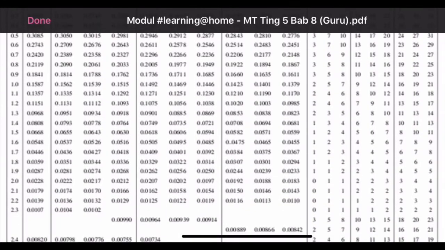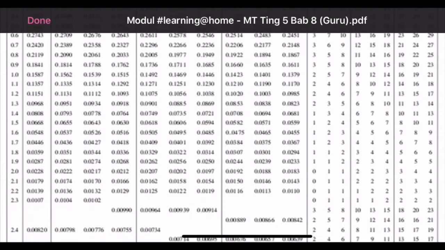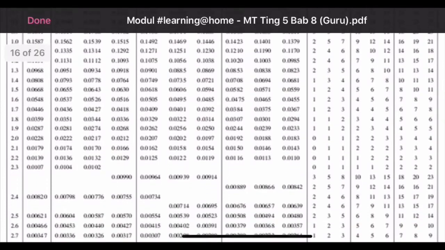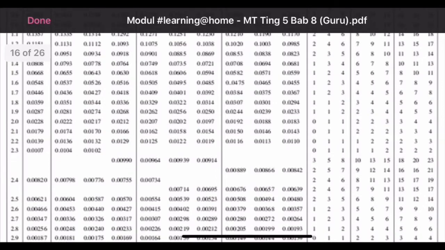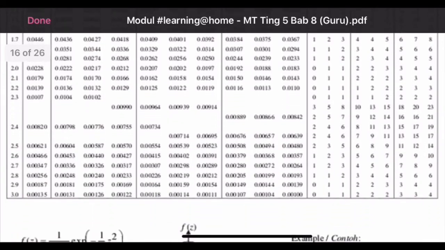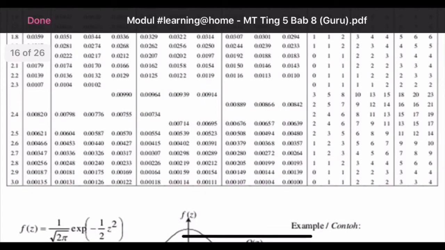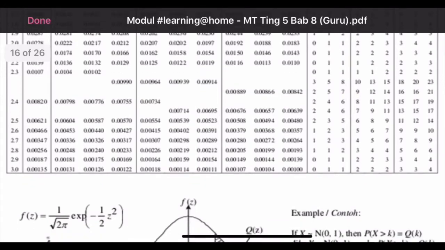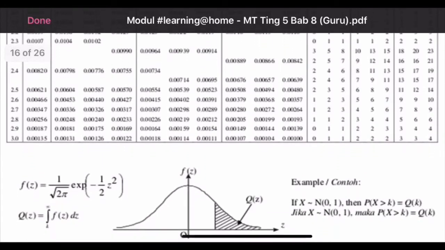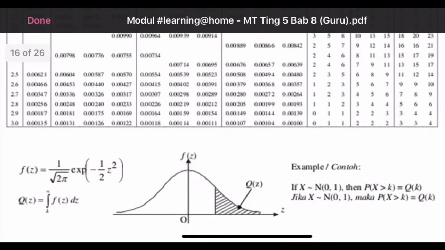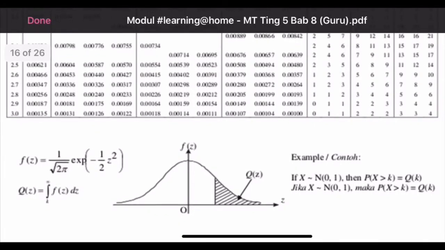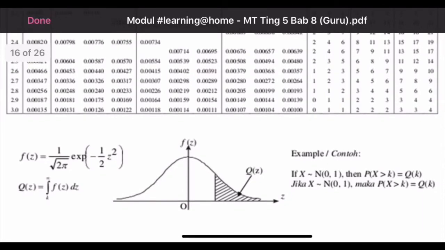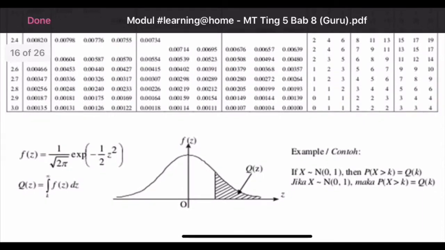Okay, so in the table you can see there is a bell shape. The bell shape is telling you that the area under the bell represents the probability value, and you observe the area shaded is always shaded to the right. That means the z score that you use to read the probability must be positive.